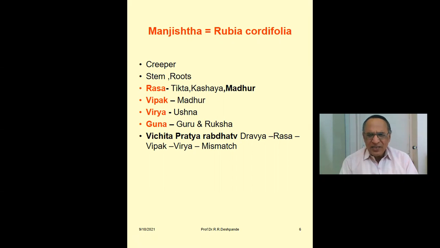Is it possible that a sweet taste can give a heating effect? We don't understand, but that is the mismatch, and that herb is called Vichitra Pratyarabdhatva. I know the pronunciation and understanding of these words is difficult, but you should understand a little of Ayurvedic herbology.